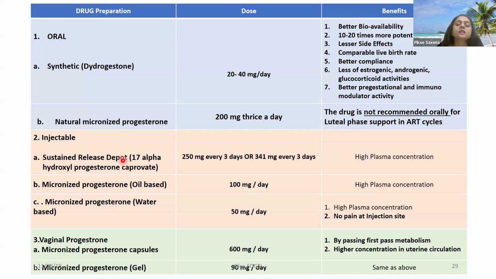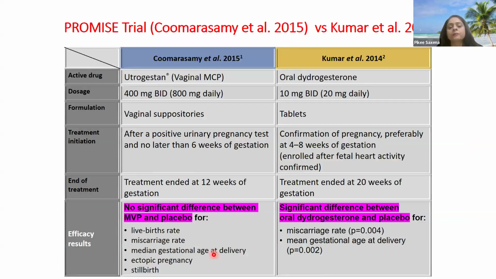When the patient cannot afford anything, we are even giving them this Proluton depot, that is the 17 alpha hydroxy progesterone caproate. Either you give 250 milligram twice a week, or you can give 500 milligram once a week. Micronized progestogen is available in oil-based and water-based forms. And then we have the micronized progestogen in the vaginal form, capsules or gel is also available.